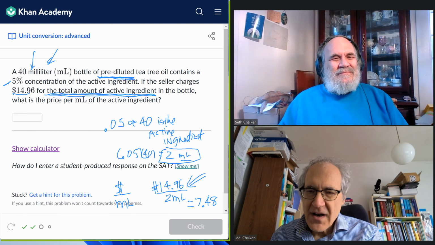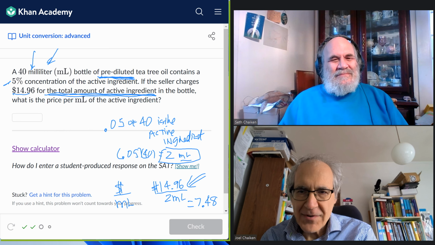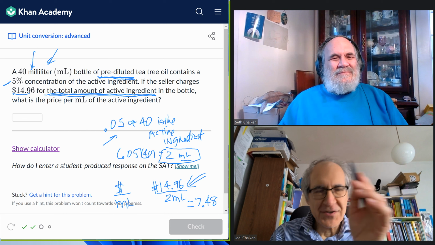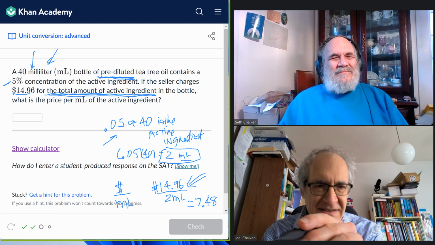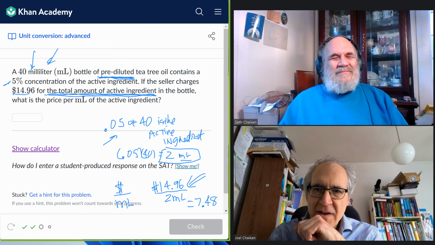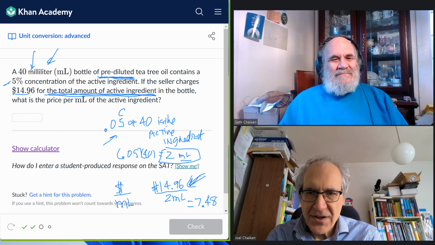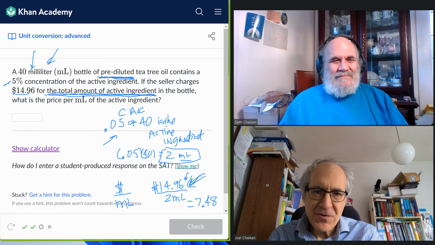And this is a percent problem. If you wanted 6% of 20, you multiply 6 over 100 times 20. Then you have to divide by 2, which you could do with a calculator, or just divide 14.96 by 2. Either way.